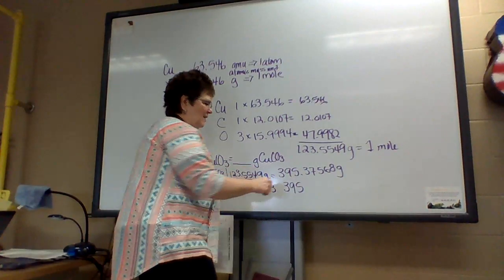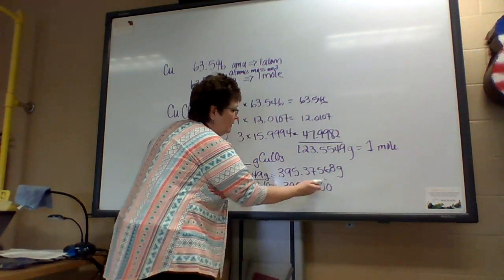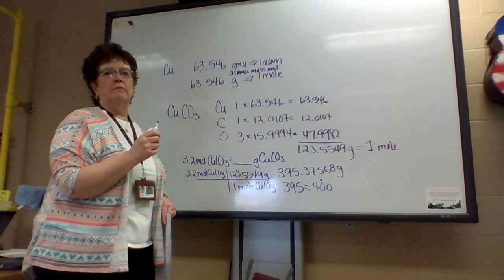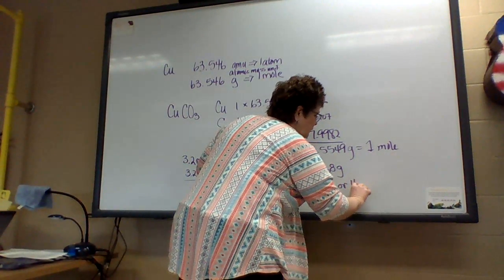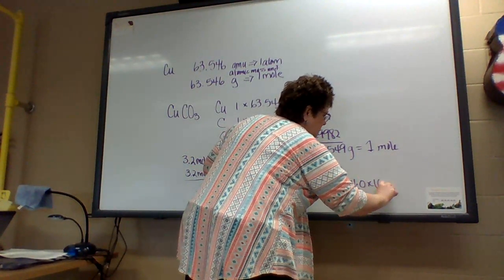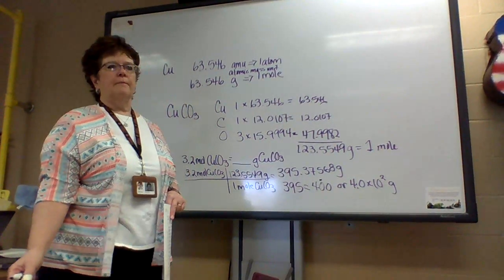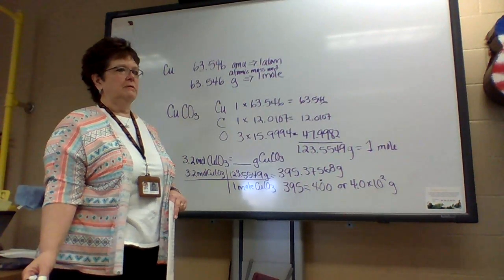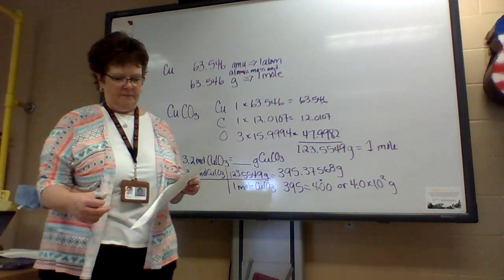Not 40. Because it's 395, it has to be 4, and remember I put that little symbol above it to show that I counted that 0? Or I can write it as 4.0 times 10 squared grams. Kind of tricky there. I did that on purpose, hoping that once the examples are going through, it would do that.